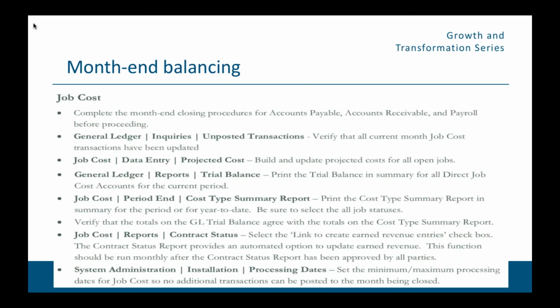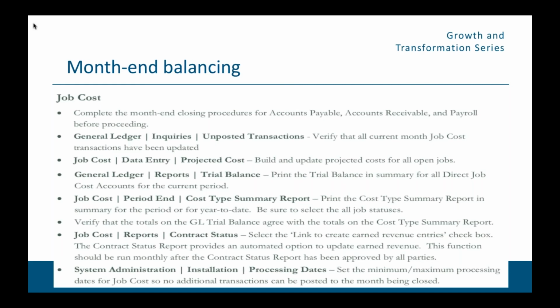And then in job cost under data entry, the projected cost. So you would have to say to build this projected cost first, and it would be on your open jobs. And then the project managers can go in and update this projected cost.